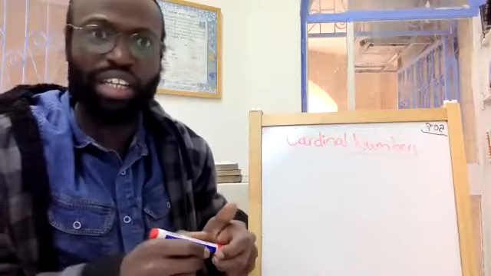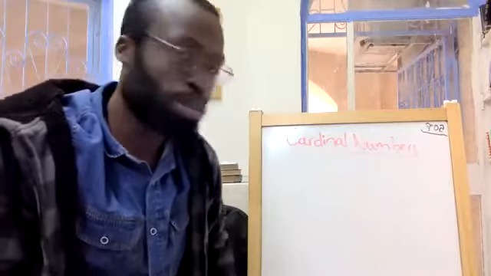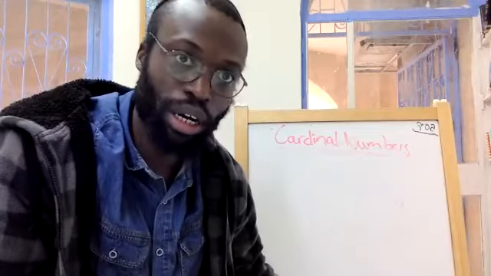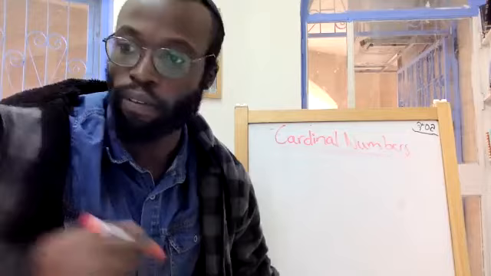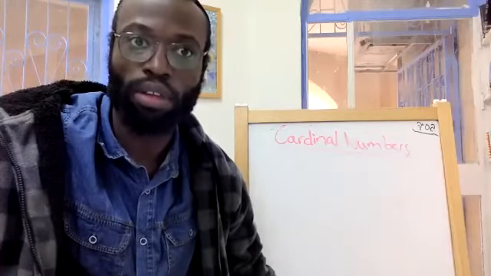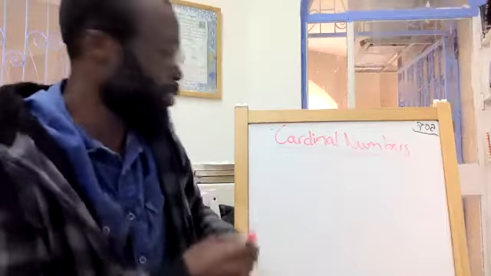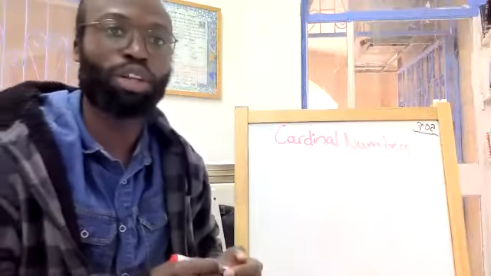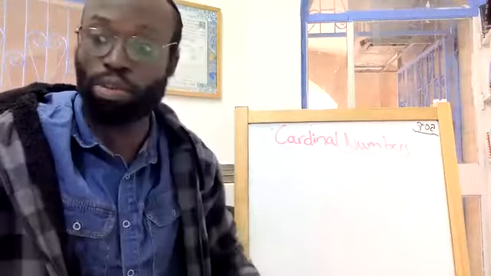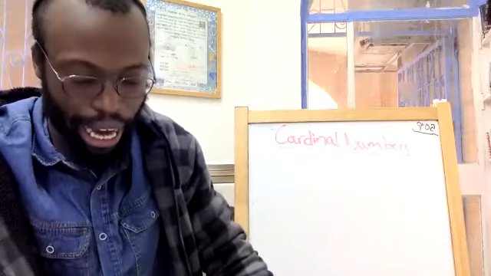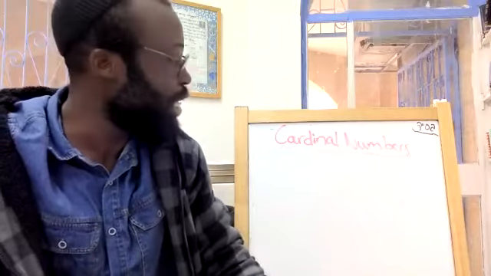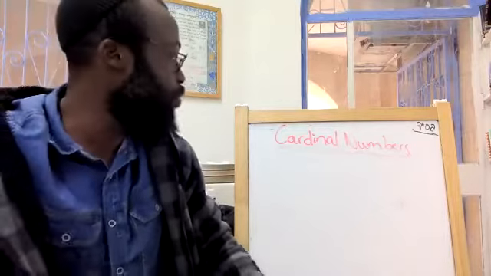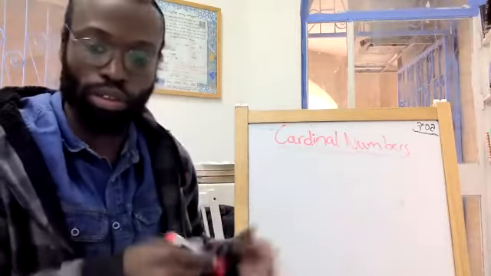Can you guys see what's on the board, or should I use a different color? It's clear. Okay, great. So as we well know, in Aramaic as well as Hebrew, there's the feminine and the masculine version of a noun or of a verb.